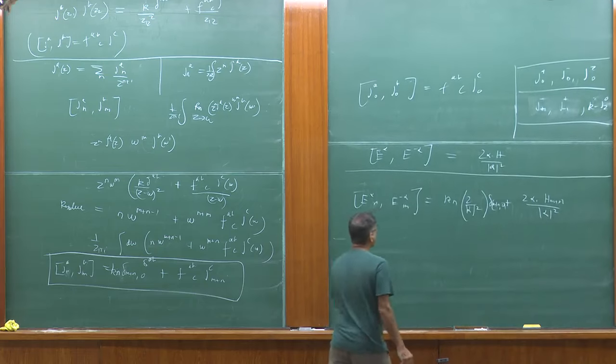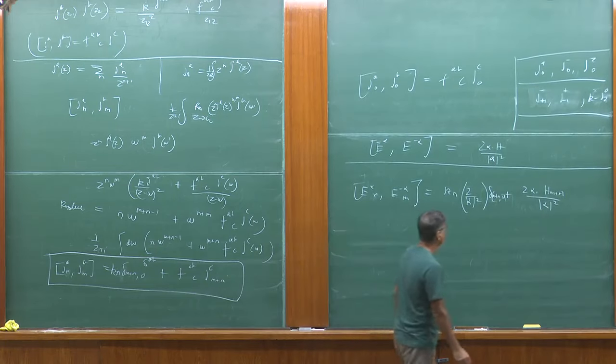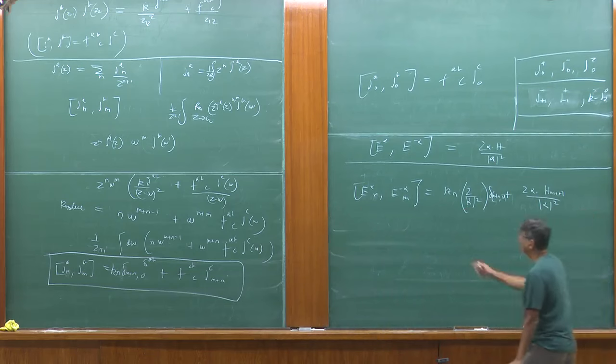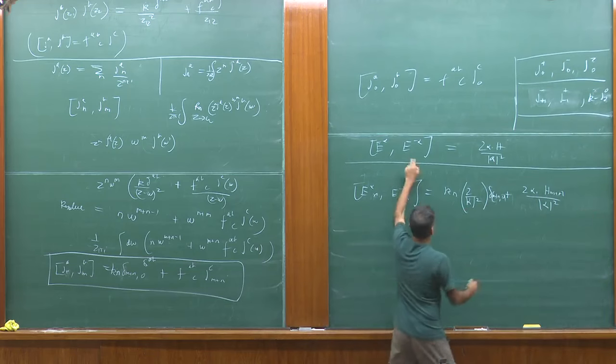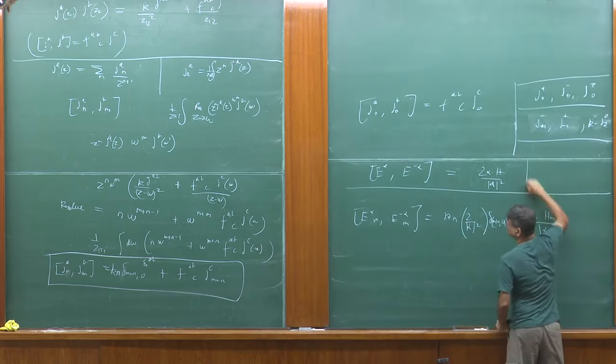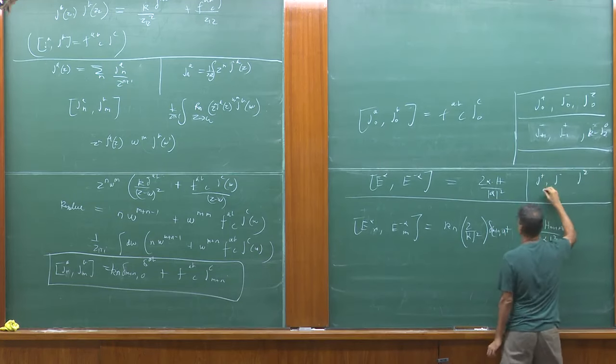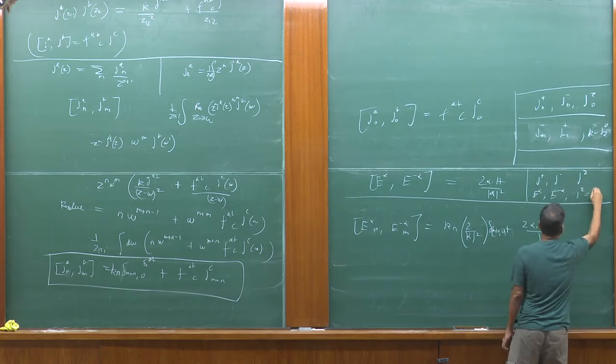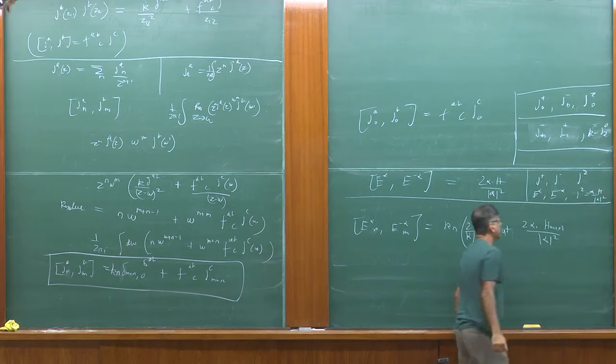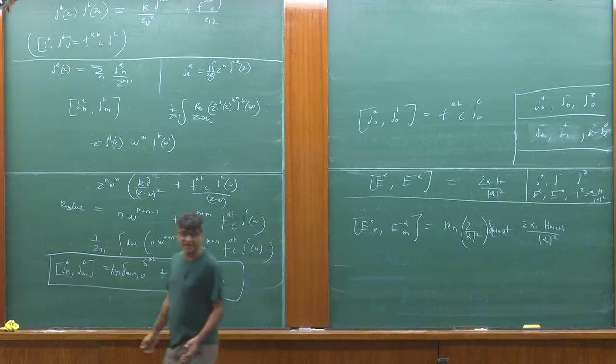Okay. So, you remember that now let's look at this. This commutation relation is the same as that of J plus, J minus, and Jz if we identify J plus as E alpha, J minus as E minus alpha, and Jz is equal to alpha dot H by mod alpha square, not 2 alpha dot H, because J plus with J minus gives 2 Jz. So there's no 2 there.